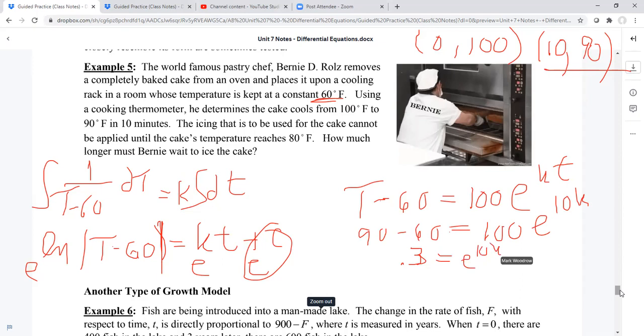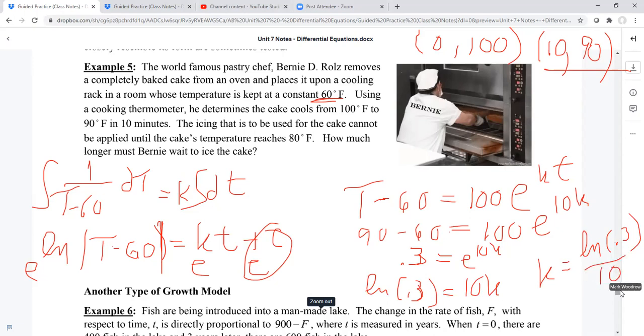And you natural log each side. So the natural log of 0.3 is going to equal 10k. So k is going to equal natural log of 0.3, either times a 10th or just divided by 10. So there's my k. So we're going to plug that into this thing up here.